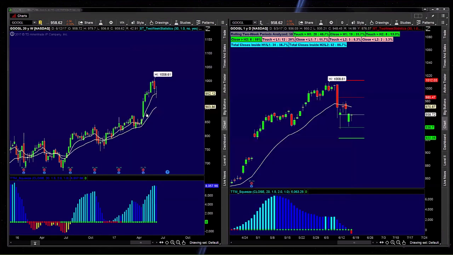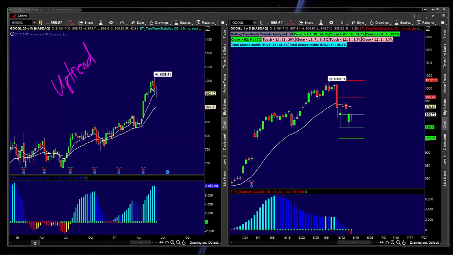Essentially, if the 8 is on top of the 21 and price is above the 8, then on a weekly chart you've got an uptrend. And as long as you've got an uptrend on a weekly chart, then you can continue to do the rolling strategies.